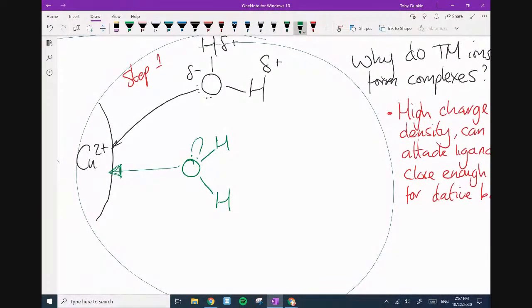Notice how close the electrons were in the original. This is the original pair of electrons, owned very clearly by the oxygen. Now they've been pulled down to form a dative covalent bond.